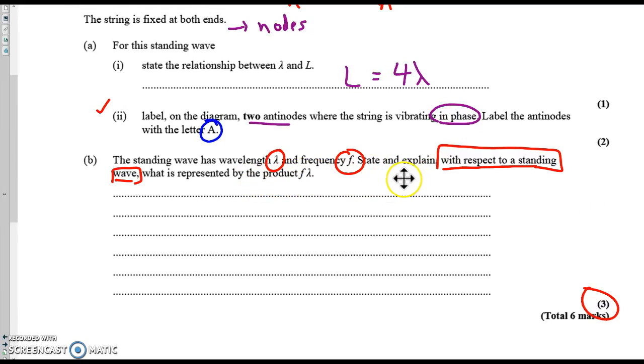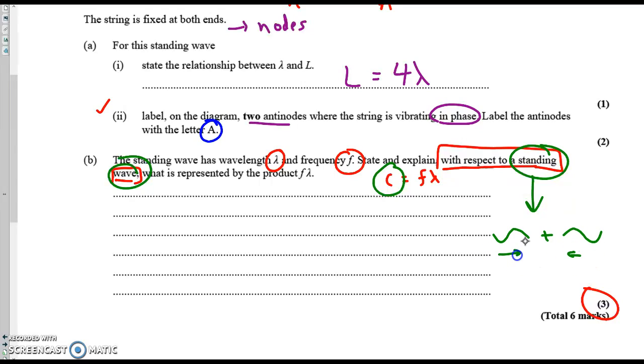Well, we know that c is equal to f lambda. But a standing wave is not moving, it's not traveling. So what is speed when we're talking about a standing wave? That's what they want us to do right here. They want us to refer to the fact that a standing wave is produced when you have two identical waves moving in opposite directions. So let's do that.